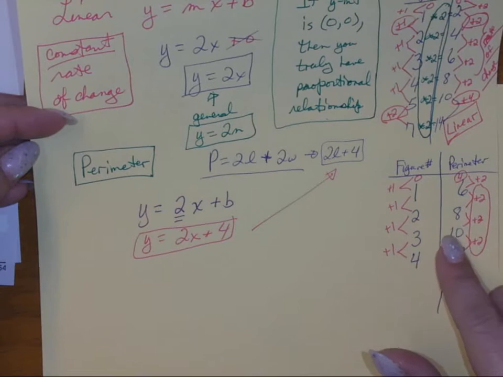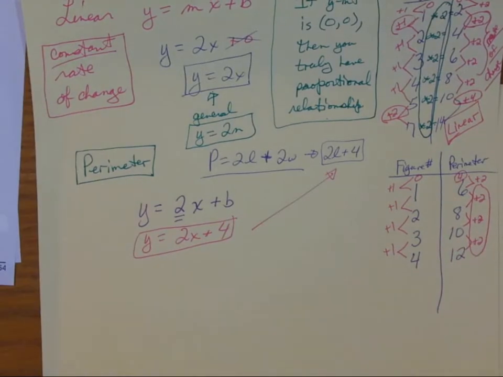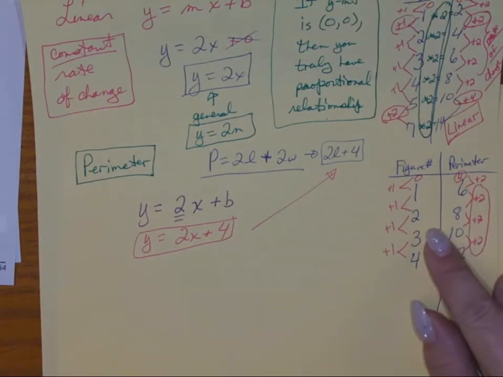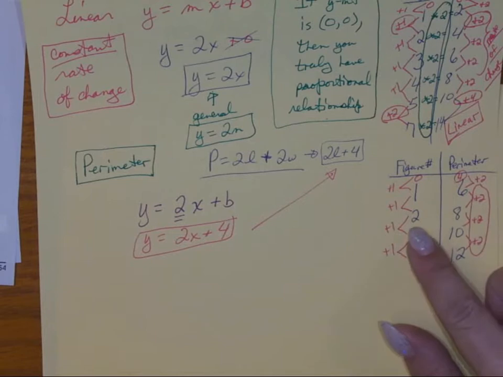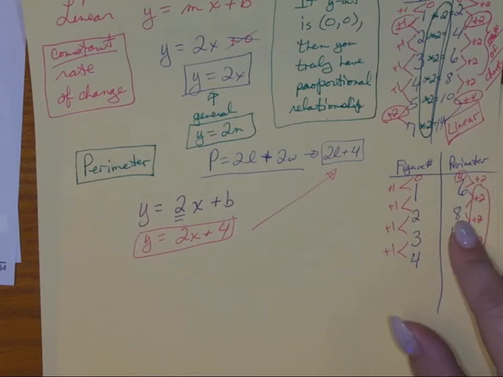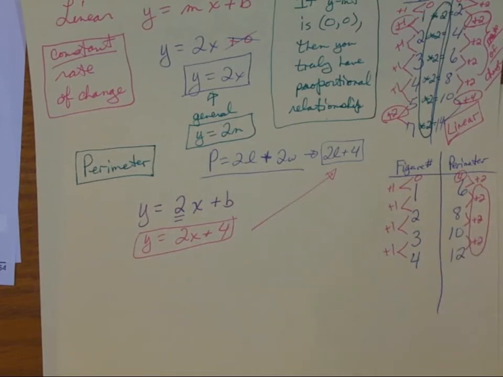So sometimes, and I'm just going to tell you, sometimes part of the process of doing these things, finding the general pattern and things like that, is actually like trying stuff and seeing that it doesn't happen. So I don't see a 1 times 6, and I don't see a 2 times, in fact, this would have to be 1 times 6, this would have to be 2 times 4, and then this 3 times what gives me 10? It would be like, what, 3 1/3, right? So there's not any one thing I can multiply by here.